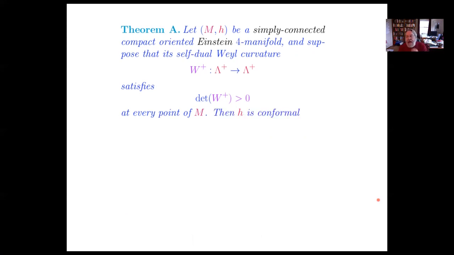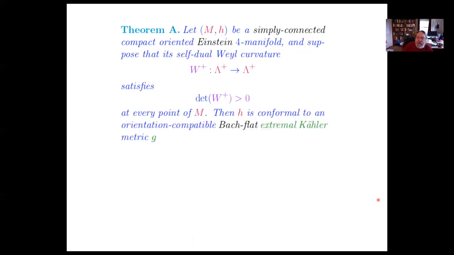Then the statement is that h is conformal to an orientation-compatible Bach-flat extremal Kähler metric with positive scalar curvature on the manifold. And in fact, this is exactly the class of Einstein manifolds I was discussing before, but now we're not starting off by assuming that the metric is somehow compatible with a complex structure. We're just saying that its curvature tensor satisfies a certain property.